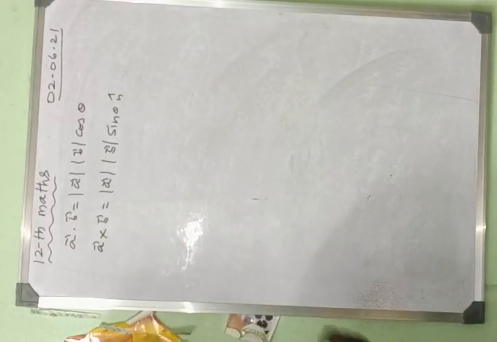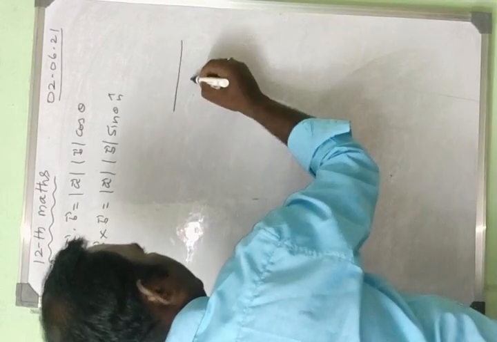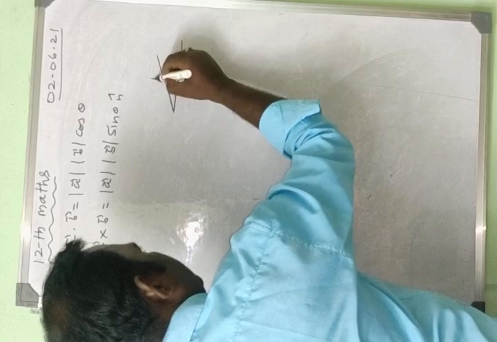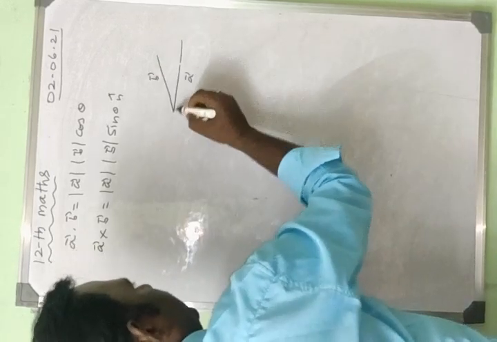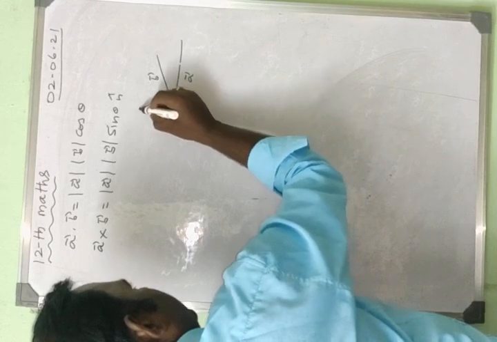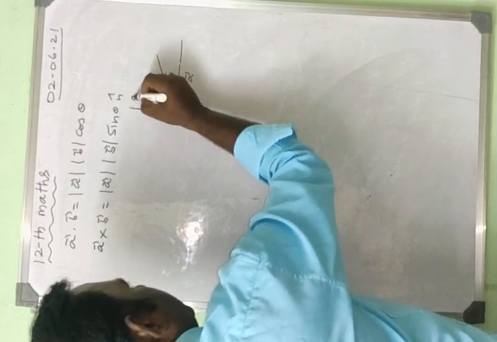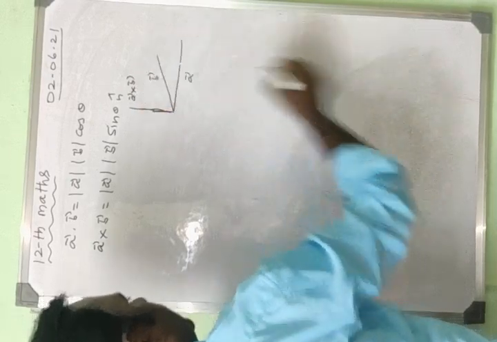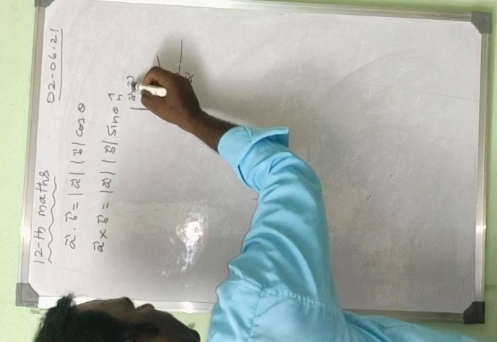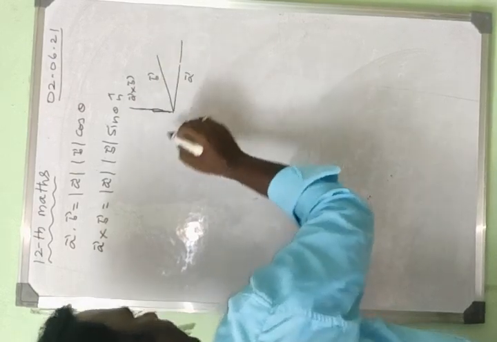What is cap n? Why do we put cap n? Suppose we take here a vector A, like this one. This is a vector B. What is A cross B? It is perpendicular to each of these lines. This is A cross B. A cross B is perpendicular to A, and A cross B is also perpendicular to B, like this.